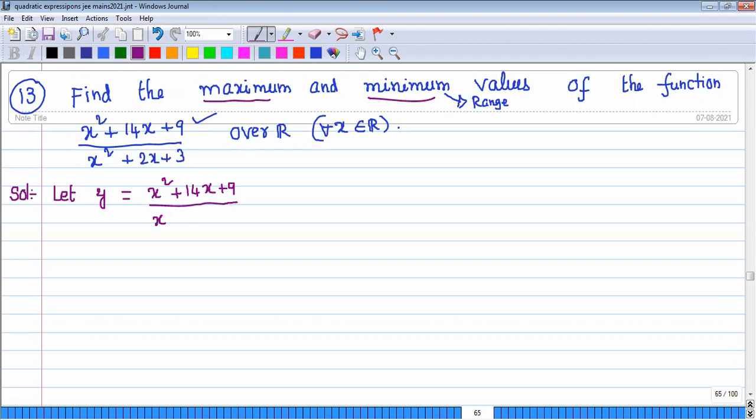x square plus 2x plus 3. So that means now cross multiplication: x square y plus 2xy plus 3y equals x square plus 14x plus 9.